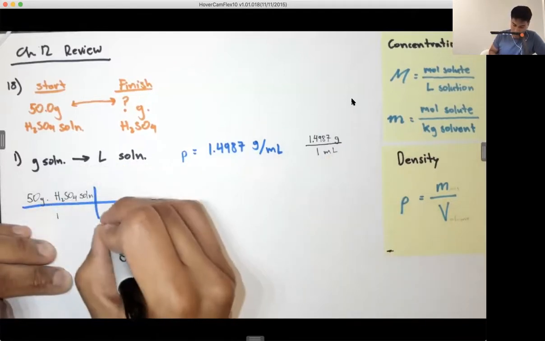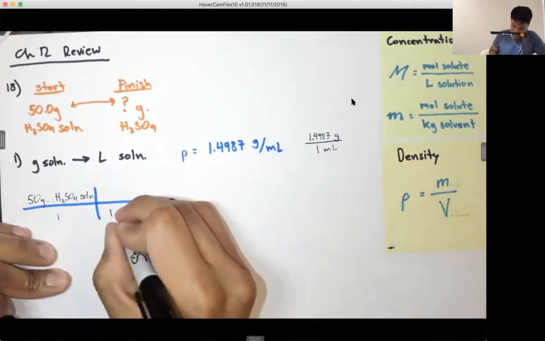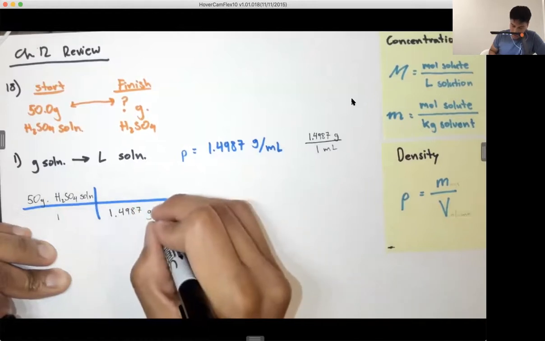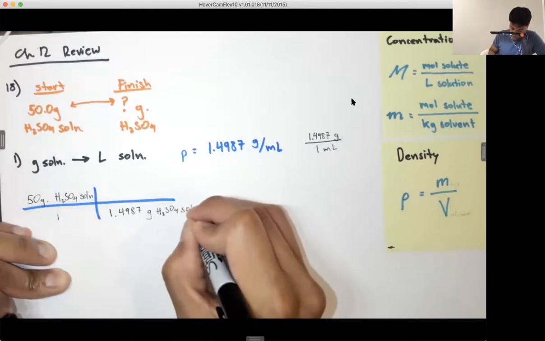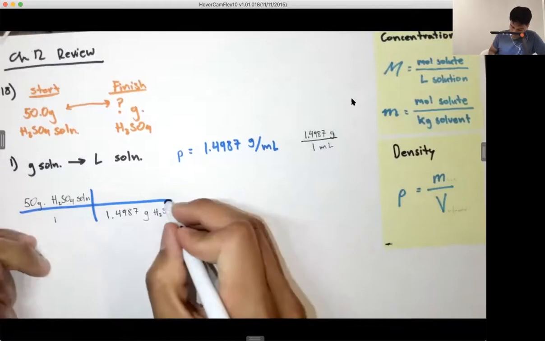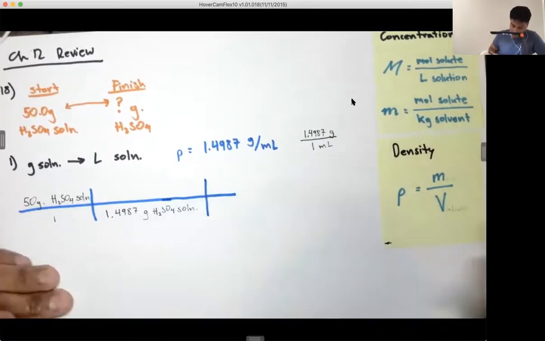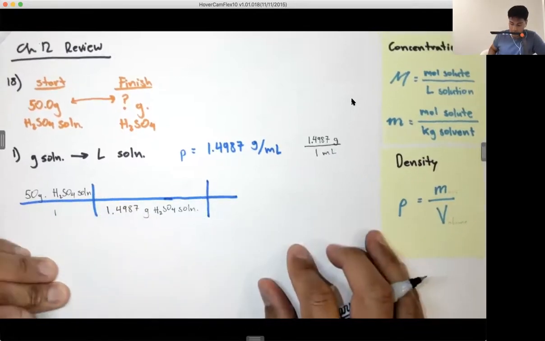So 1.4987 grams of H2SO4 solution goes on the bottom, and I can eliminate the grams of solution.